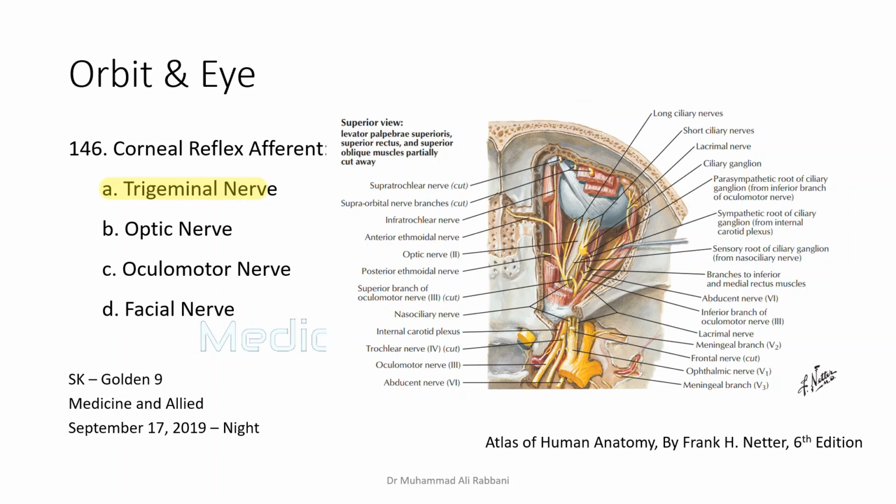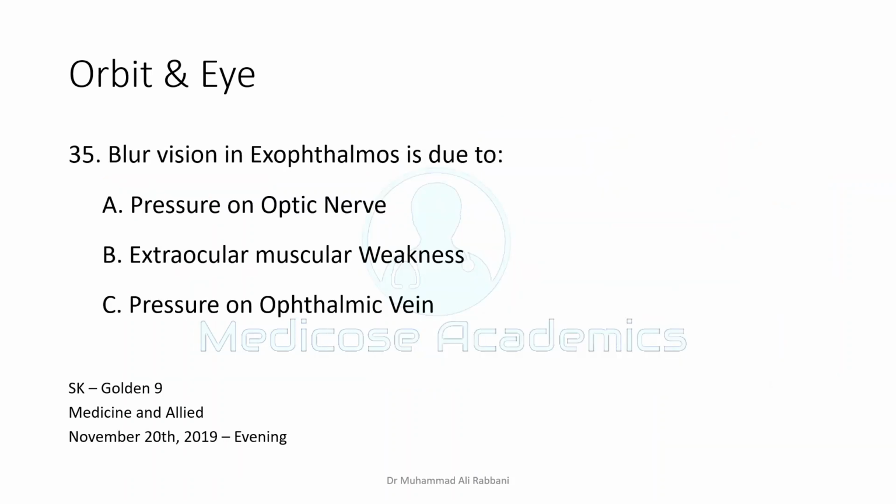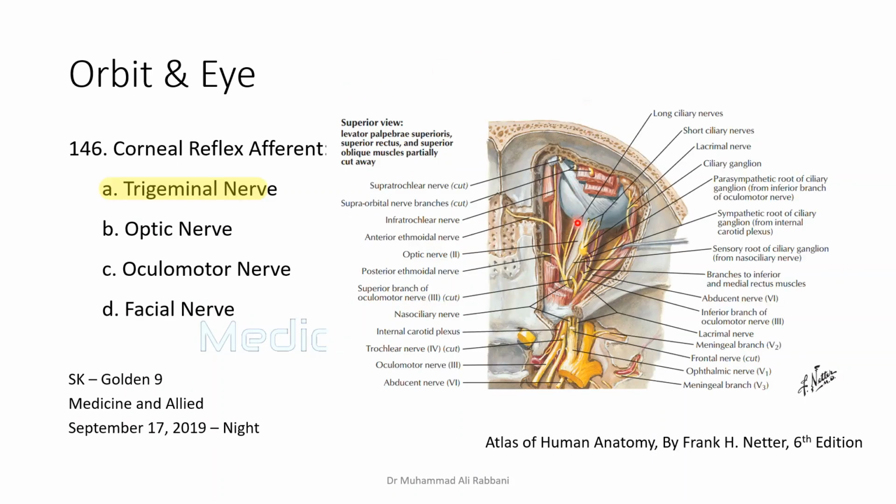The corneal reflex is being carried by, here you can see that these are the ciliary nerves, and these ciliary nerves go to the nasociliary branch. That nasociliary branch is ultimately the branch of the ophthalmic division of the trigeminal nerve. So the question may be asked at either level.